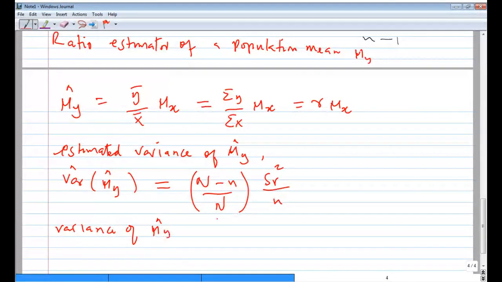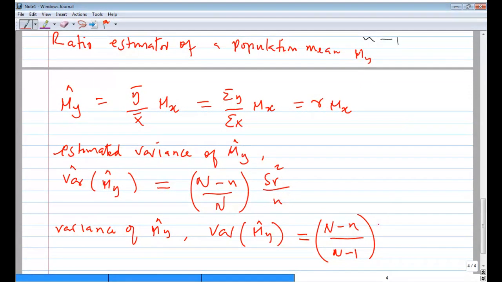That means you're going to have var of mu y hat, which is the same as N minus n over N minus 1, then you multiply by the variance.